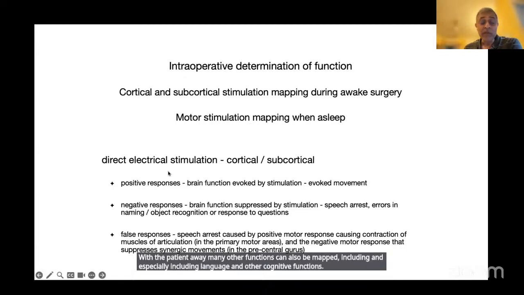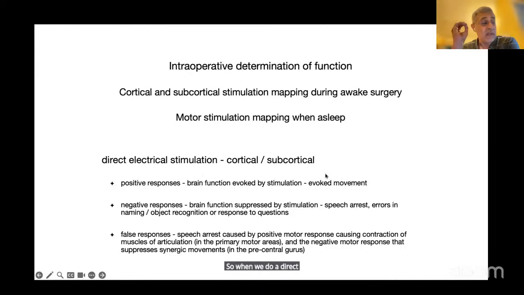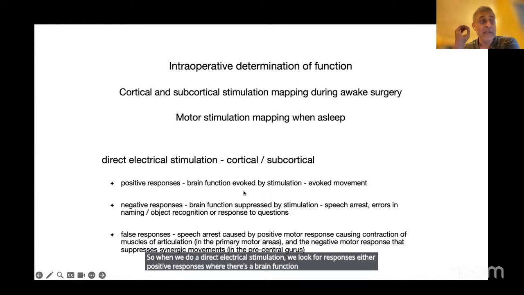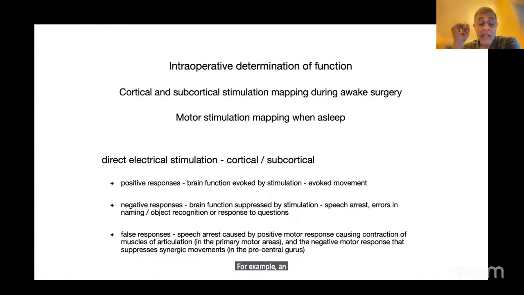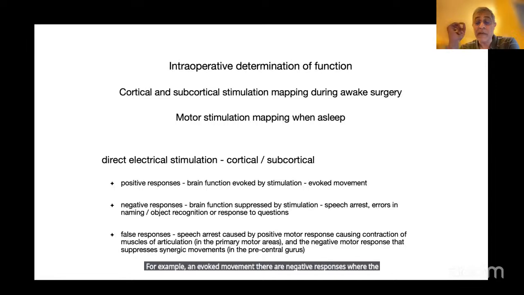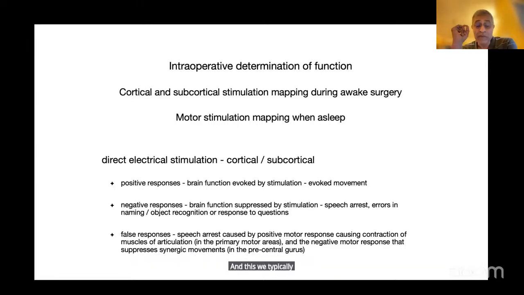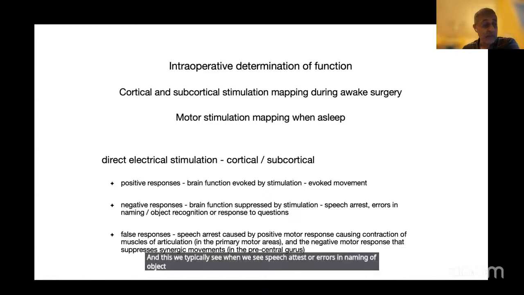So when we do a direct electrical stimulation, we look for responses, either positive responses where a brain function is evoked by stimulation, for example, an evoked movement. There are negative responses where a brain function is suppressed by stimulation. And this we typically see when we see speech arrest or errors in naming, object recognition, or in response to questions.